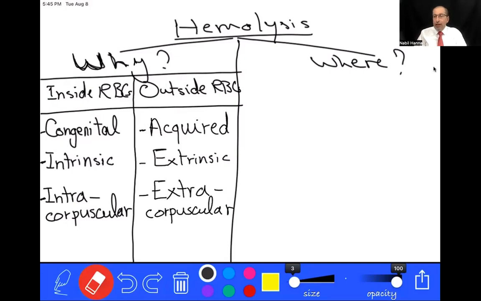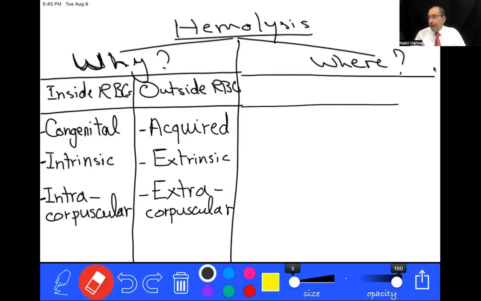The second question is where? Where does hemolysis occur? And the answer is either hemolysis occurs in the spleen or hemolysis occurs in blood vessels.